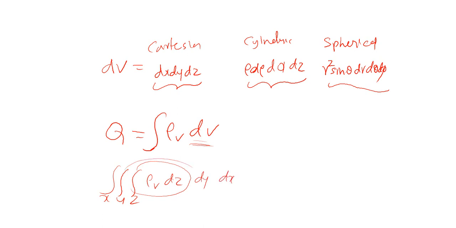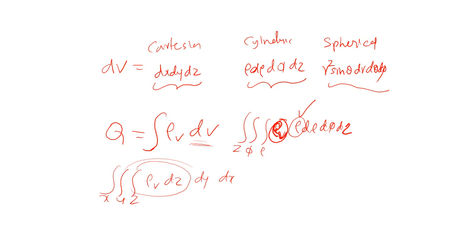Similarly here it will be integral over, in reverse order, z, phi, rho, of rho v into rho d rho d phi dz. Please don't confuse this rho v with this rho. This is the rho of the cylindrical coordinate system. This rho v is the volume charge density. Okay, so there is a difference.